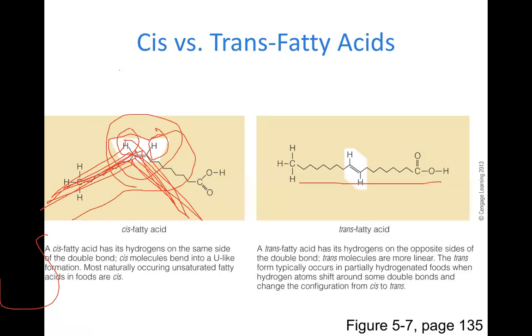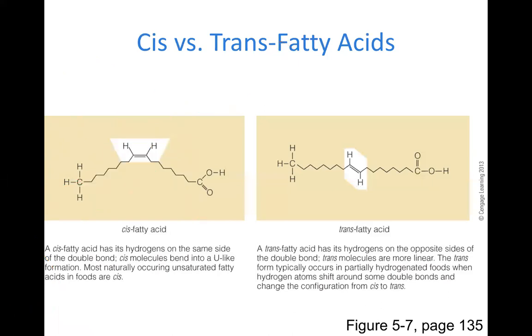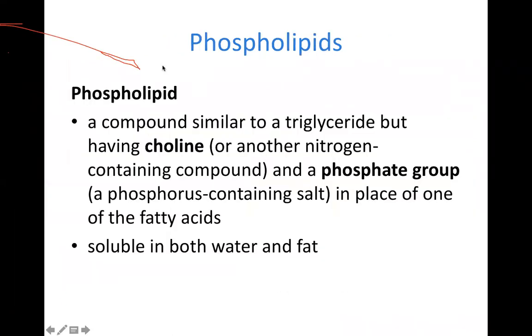And remember, the kinked shape causes molecules to be stacked unevenly, and that can cause them to be more liquid at room temperature. I have so much trouble with this drawing tool.